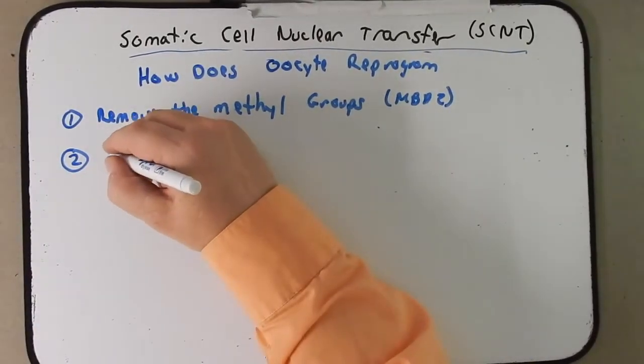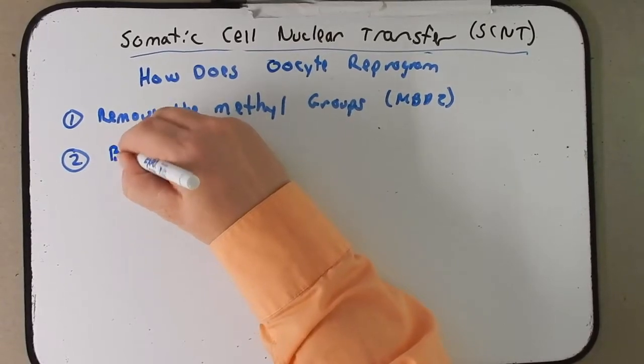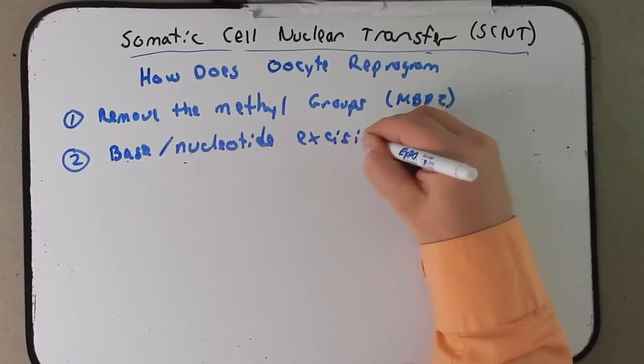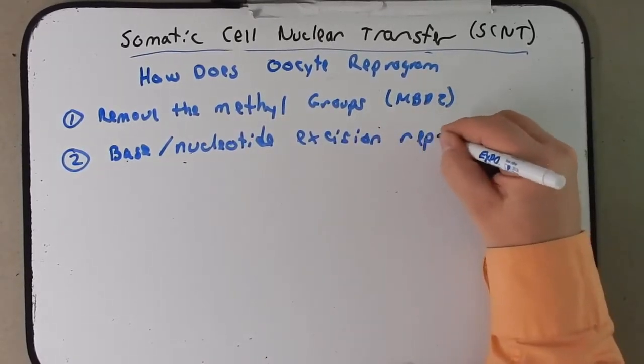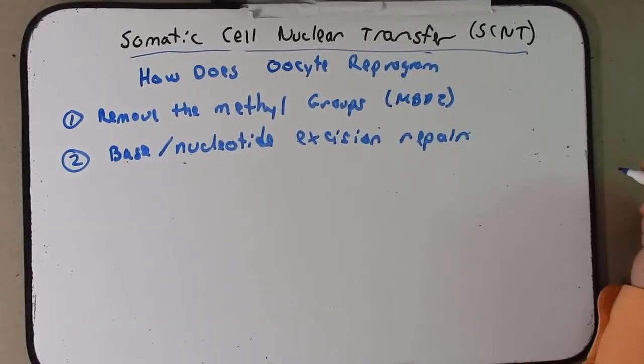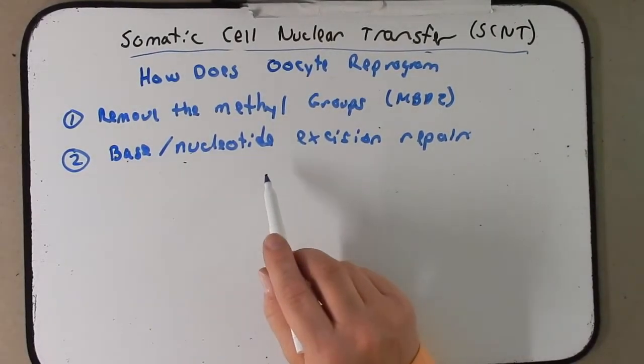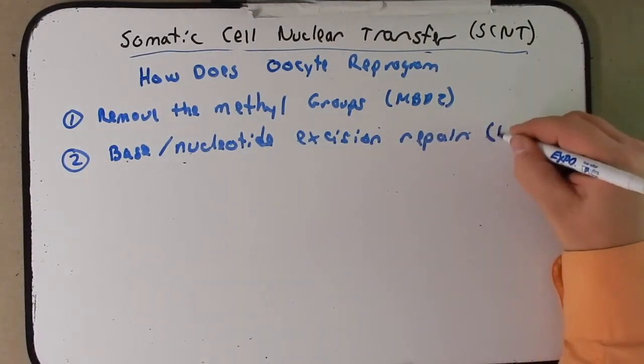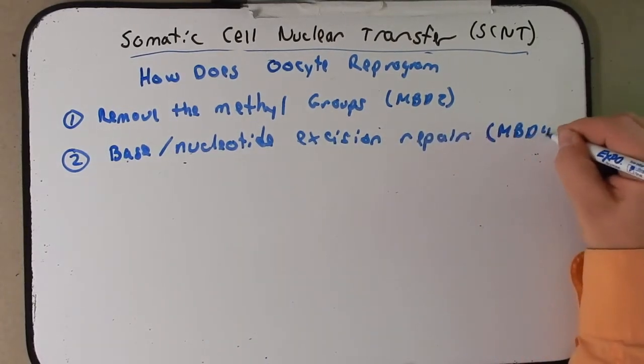Another idea is there could be base or nucleotide excision repair. This is a repair mechanism that's usually used to fix DNA mutations, but maybe it's being utilized in this sense to remove the methylated DNA. And the gene that's thought to maybe be involved here is called MBD4.